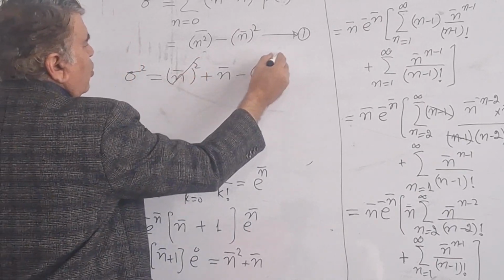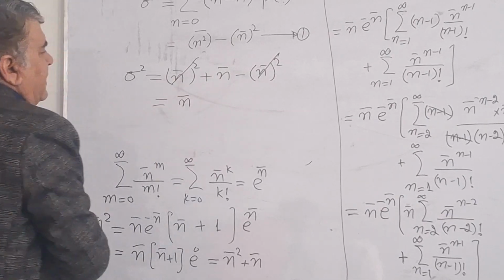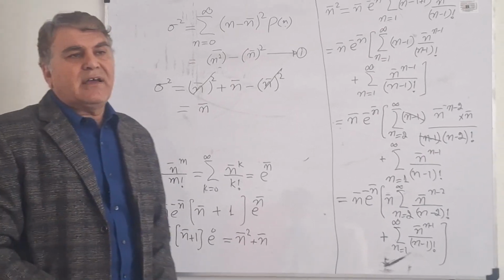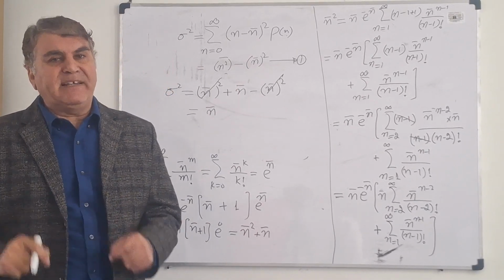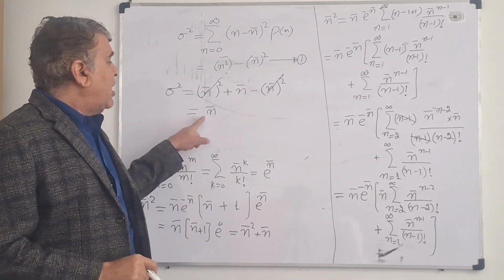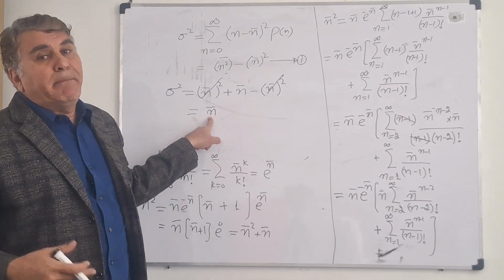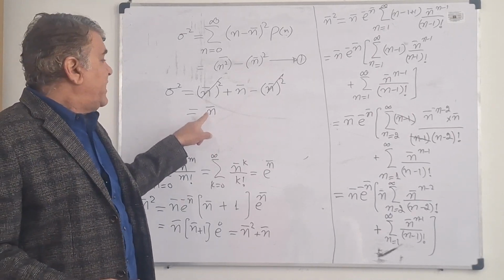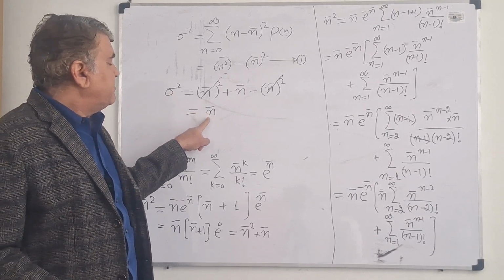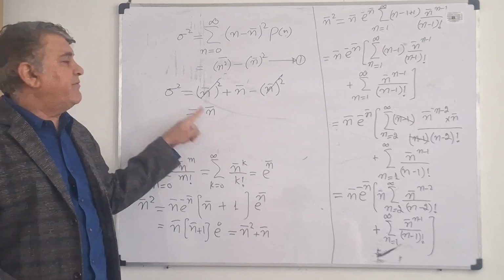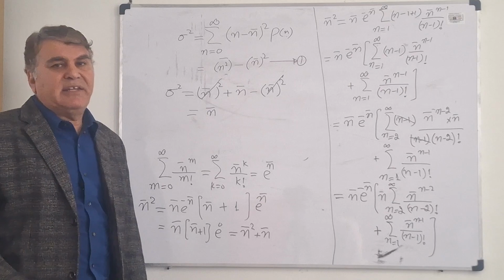This cancels with this, and we are left with n bar. That is, the variance of Poisson distribution is exactly equal to the mean of Poisson distribution. And we have already proven that this mean is also the mean of binomial distribution. So we can say that the variance of Poisson distribution equals to the mean of Poisson distribution, or the variance of Poisson distribution equals the mean of binomial distribution.